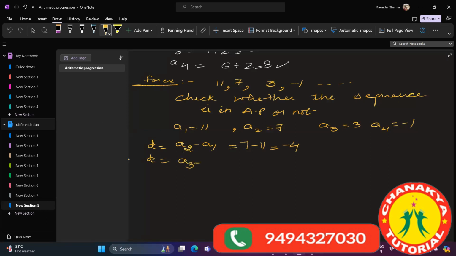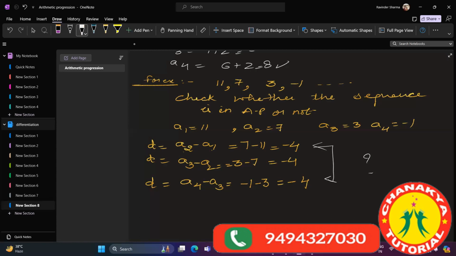Now A3 minus A2: 3 minus 7, then it will be minus 4. Now again find A4 minus A3. So it will be minus 1 minus 3, so minus 4. So you have observed that your common difference remains the same.